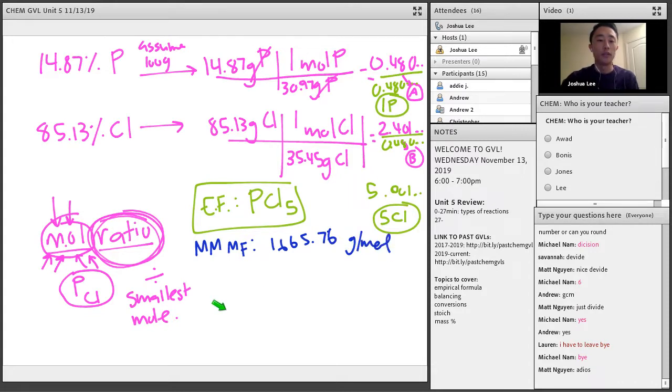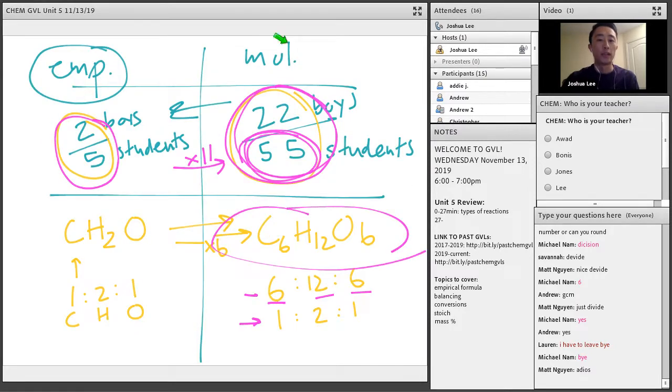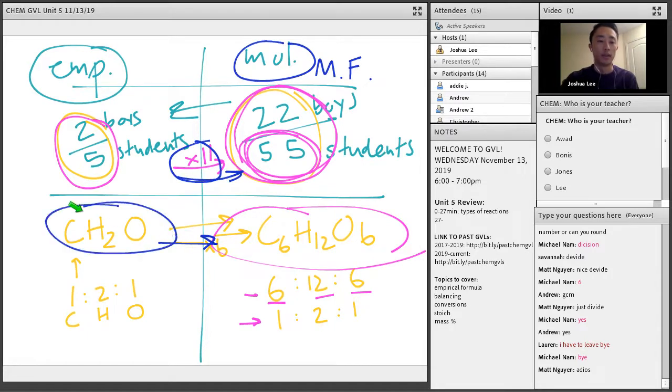I want you to find the molecular formula. So remember, my molecular formula is going to be some version bigger than my empirical formula. I just have to figure out how many times bigger it actually is.